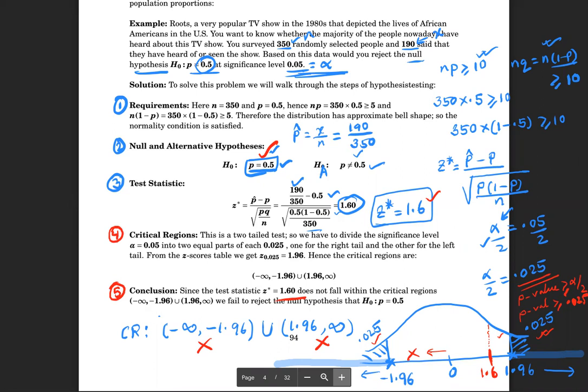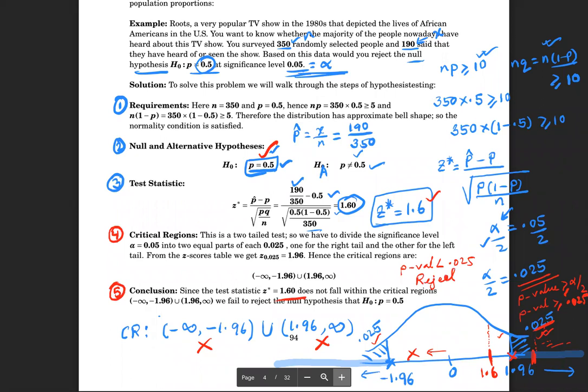If the p-value is less than alpha over 2, in that case your p-value would be somewhere around here, and it is going to be everything to the right. Everything to the right from here is 0.025, so if you start from here, it's going to be smaller. So when your p-value is less than alpha over 2, in this case 0.025, you will reject the null.